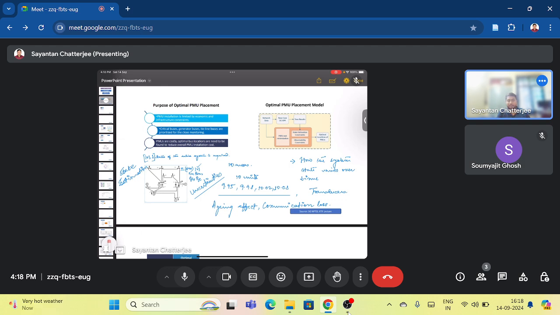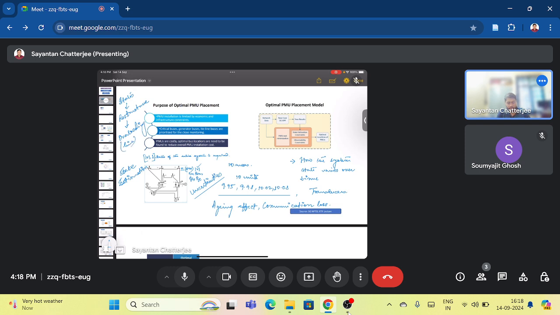Since we can find the states of the system, we can restructure the power operation environment and see the line overloading.